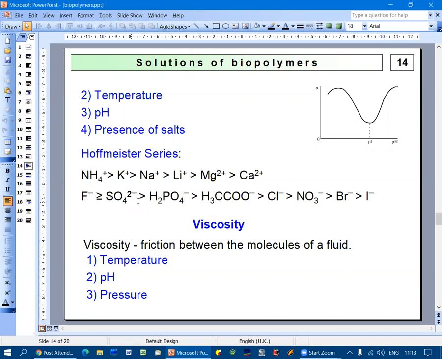The decrease in pH value in such solution. So two factors will be added.